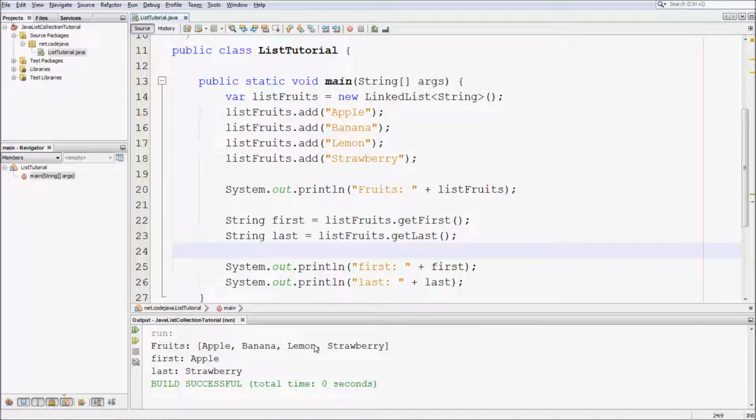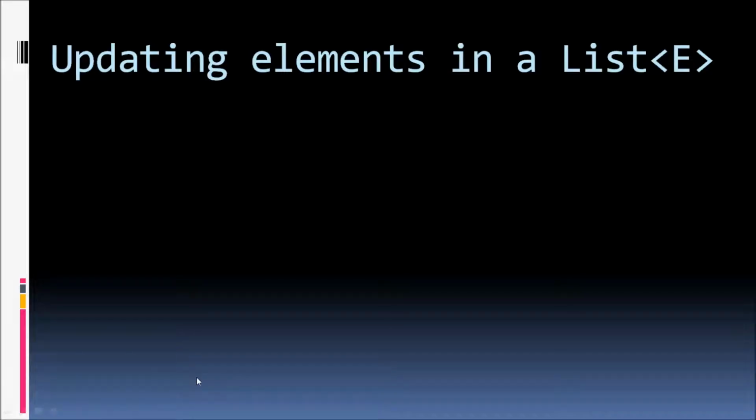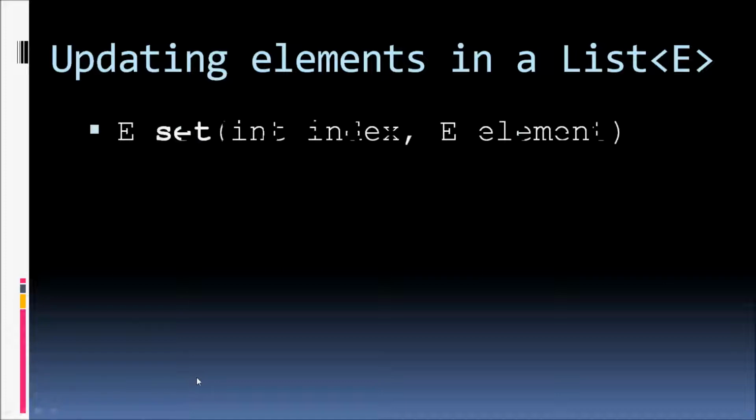To update or replace an element in a list collection, we can use the set method here with two parameters. The first parameter is the index, the position of the element, and the second parameter is the element.